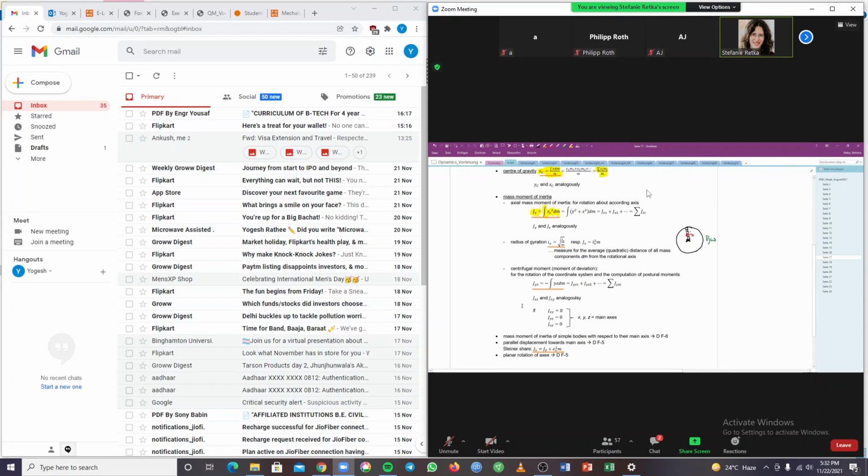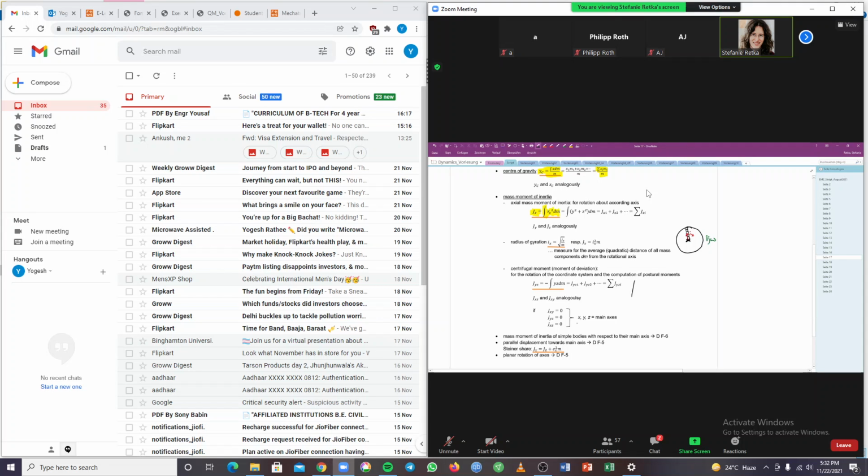Of course, if our system, our object, does not rotate about a main axis, then we have to consider the deviation moments, referring to a rotation about an off-centered axis, for example, which is stated here.